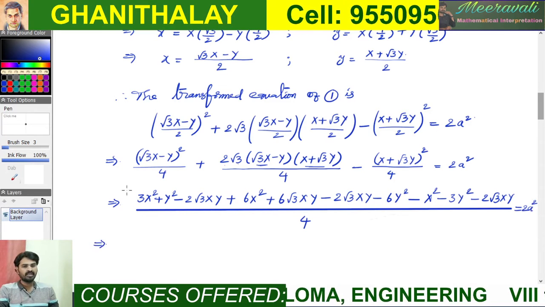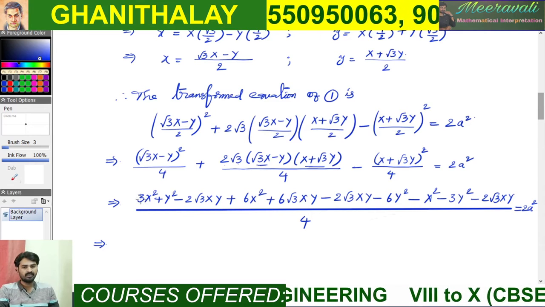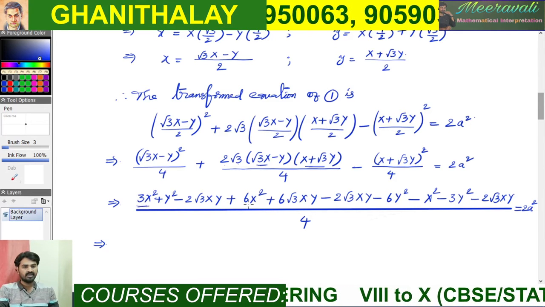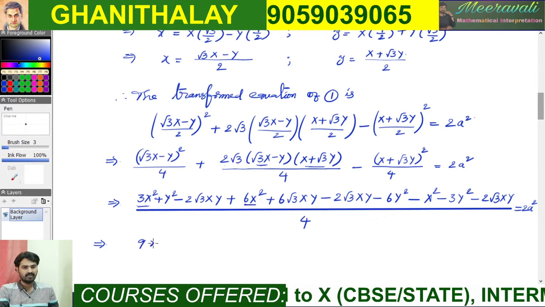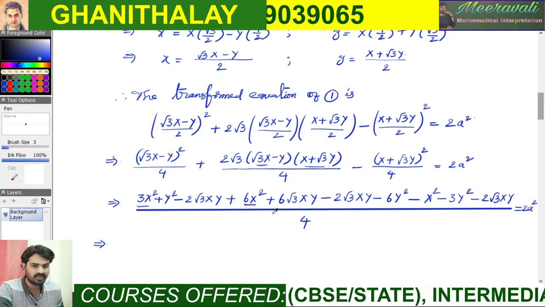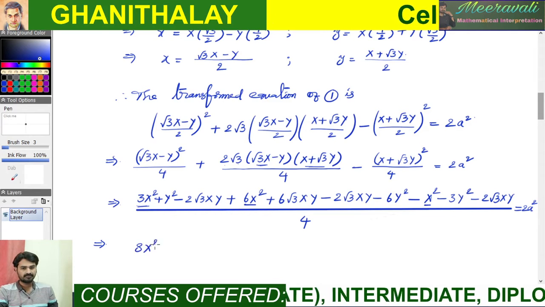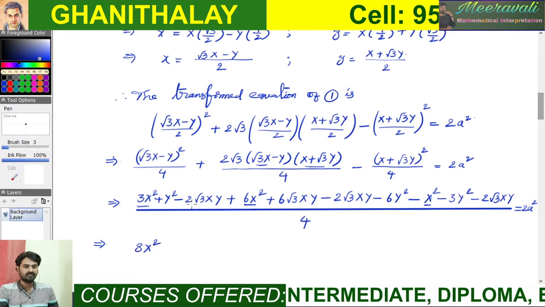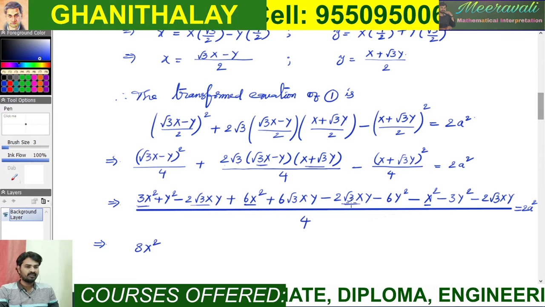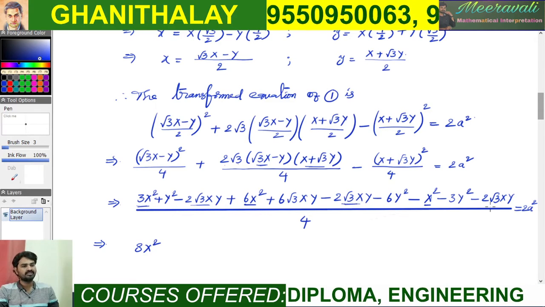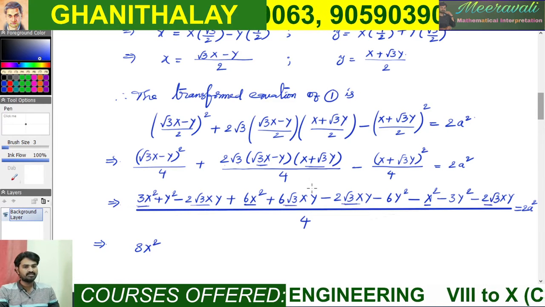Before doing the cross multiplication, I am going to simplify the numerator. Now 3x square plus 6x square, how much, 9x square, and 9x square minus x square is there, 8x square. Next going to the xy terms, here minus 2 root 3 xy, here minus 2 root 3 xy, plus minus 4 root 3 xy, minus 2 root 3 xy, minus 6 root 3 xy, and here plus 6 root 3 xy.